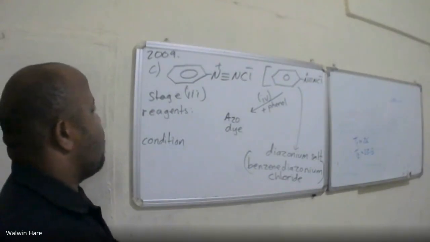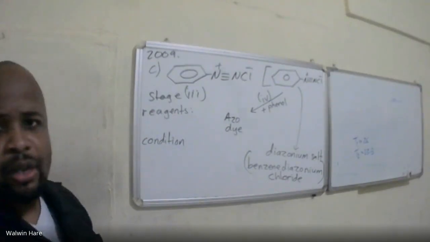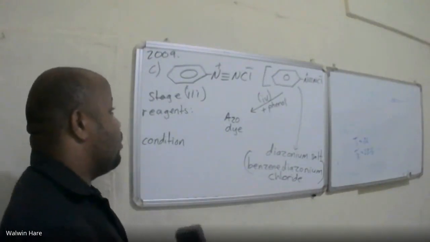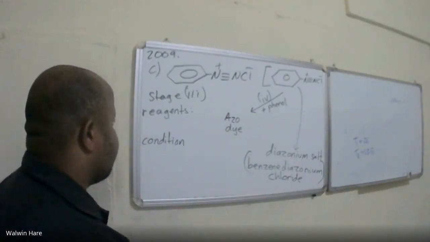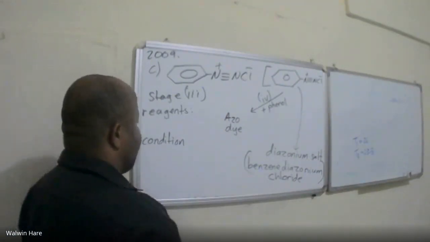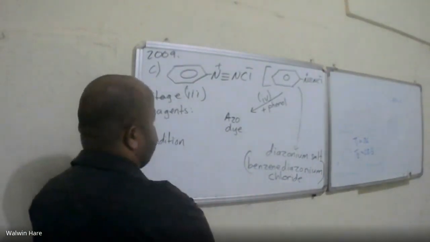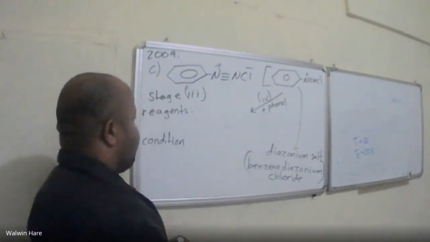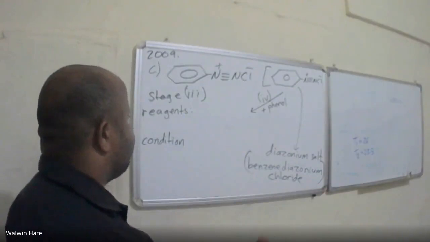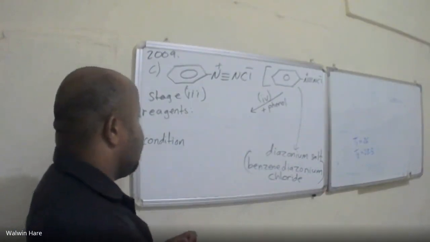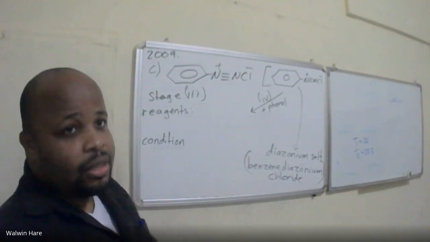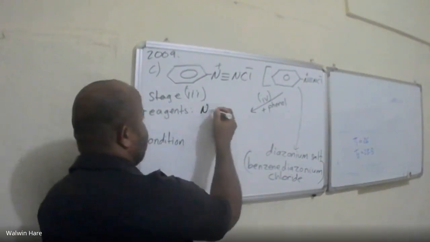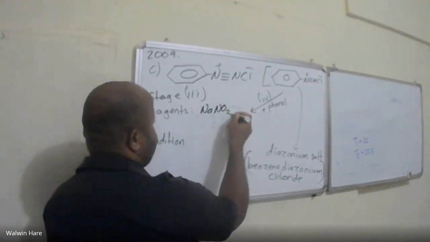All right, so we know that if we are forming a diazonium salt from phenylamine, we need nitrous acid and what else? Hydrochloric acid. All right. The thing about the salt there, so we need nitrous acid and HCl, but the nitrous acid is generated within the reaction. So we use sodium nitrite.